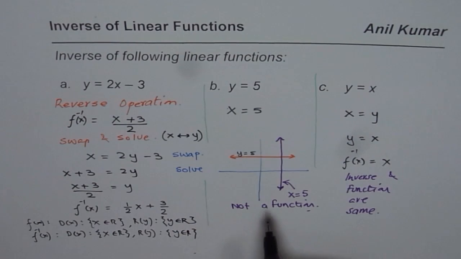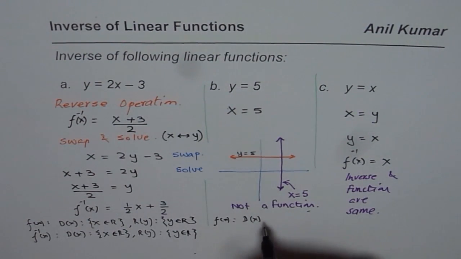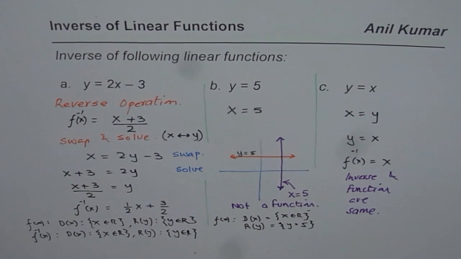Now in the second case, y equals 5. In this case, as far as the function is concerned, the domain could be any value of x, right? So x belongs to real numbers. However, in this case, the range is just the value 5. So y equals 5. That is the only value, correct?